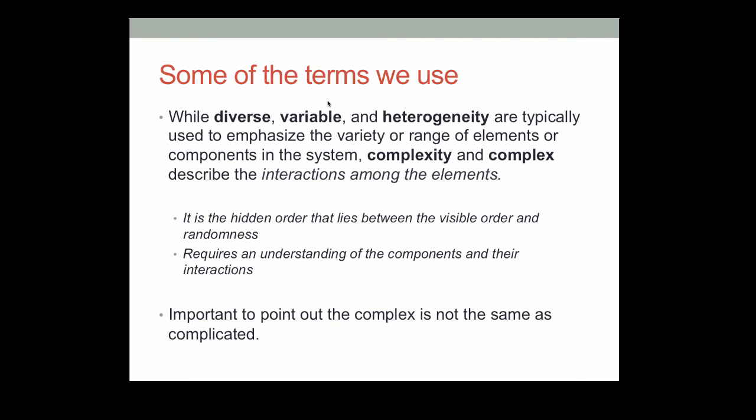Okay, and so complicated systems, on the other hand, are going to be those that have many interacting components that are very hard to understand. But those interactions really follow some sort of linear logic, and the behavior in the system can be predicted with some precision. Right? And so you could think of a computer as being quite complicated, because most of us wouldn't be able to take the computer apart and reconstruct it.